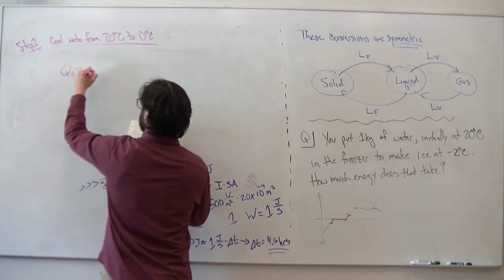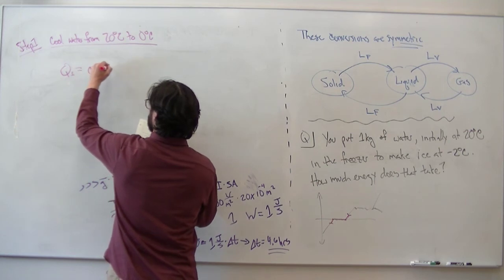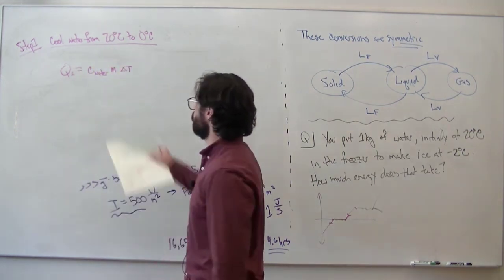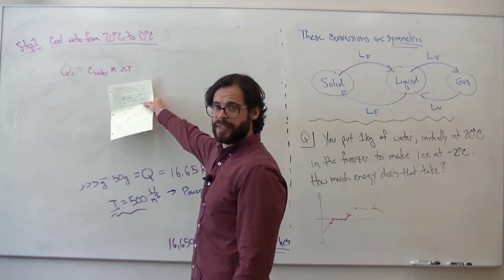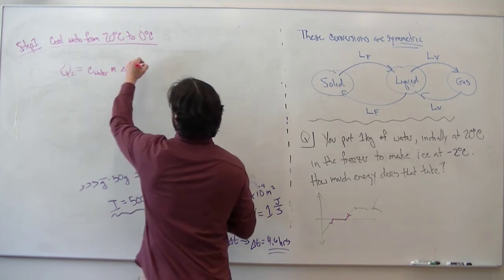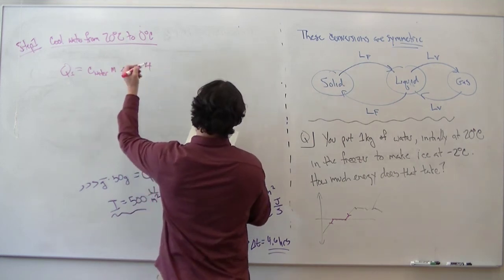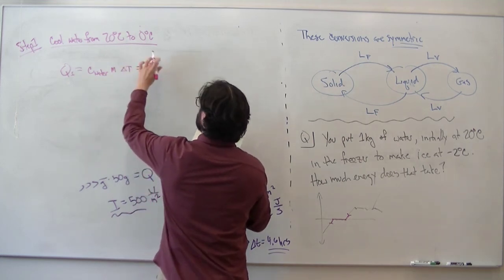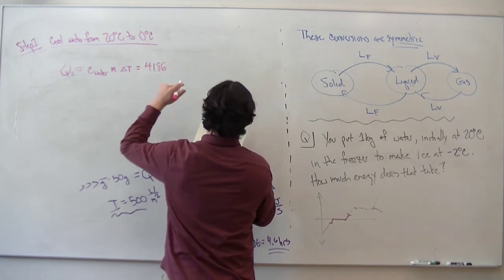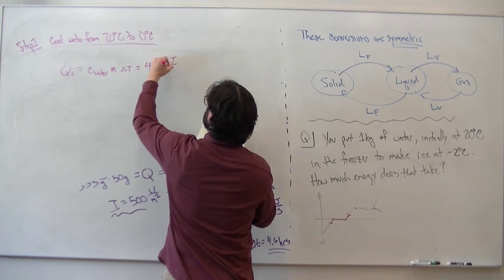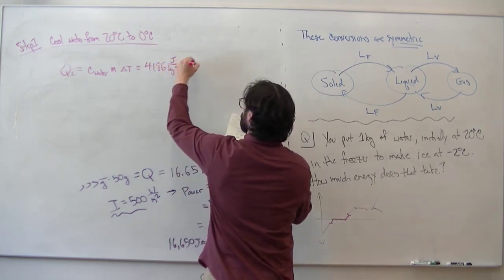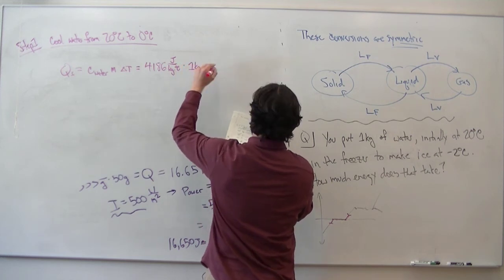So that's C, that's water, that's M, and that's delta T, right? So just plain specific heat. And I know the specific heat of water. Let's use SI, because why not? Always do that, 4186 joules per kilogram degrees Celsius. And we have 1 kilogram of water, so at least something's going for us.